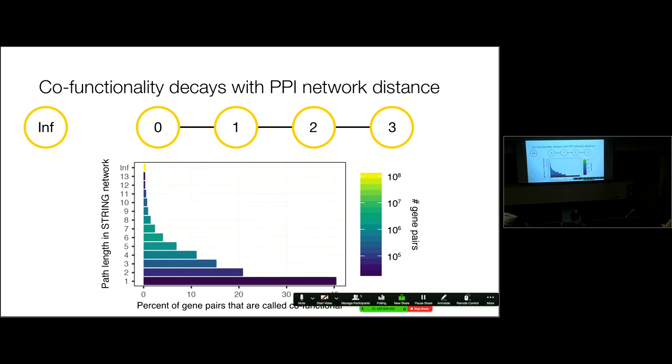In fact, if you look at genes that are physically interacting, they have a very high rate of co-functionality, 40% amongst really high-quality interactions. If you are separated by one intermediary, you still are quite enriched, and you decay in this very smooth fashion. Even if you have 8 edges separating different genes, that's still enriched above background. So there seems to be very broad, diffuse information conveyed through the protein-protein interaction network.